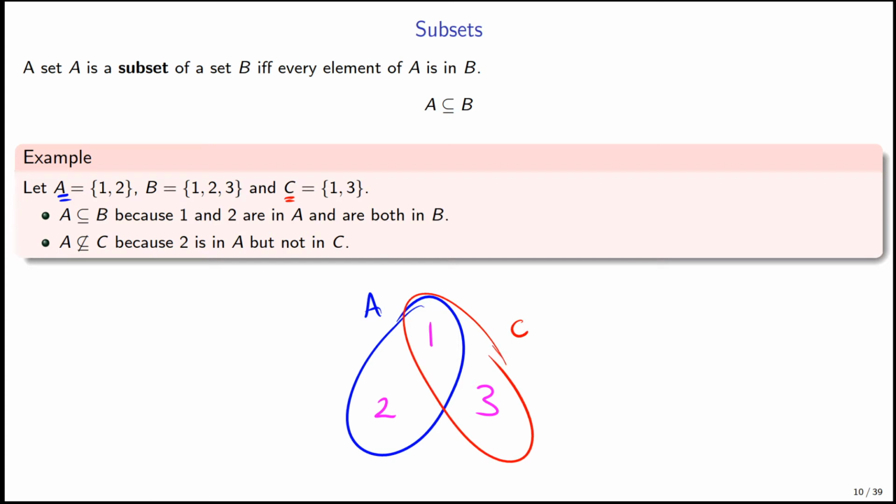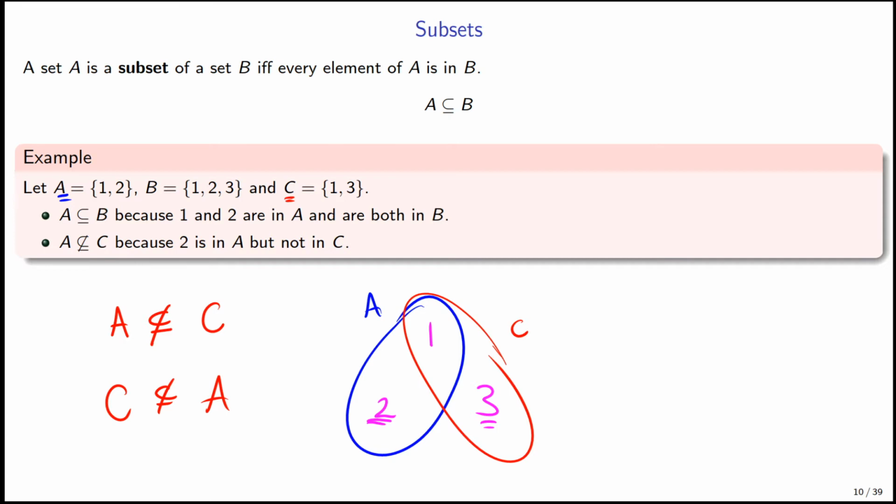Now, in this case, A is not a subset of C, so we draw a little line through our subset symbol, and we see that C is not a subset of A. Why? Because if we take a look visually, 2 is in A, but 2 is not in C. Part of the circle for C goes outside of A. And we know C isn't a subset of A because 3 is in C, but 3 is not in A. That circle is not inside A.